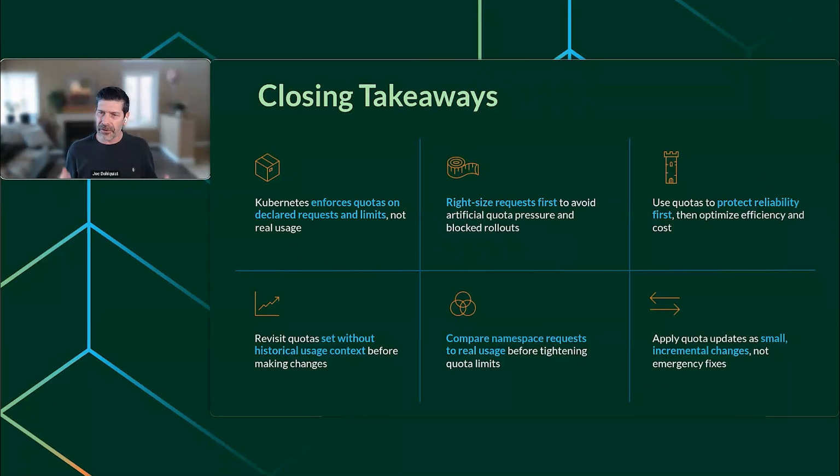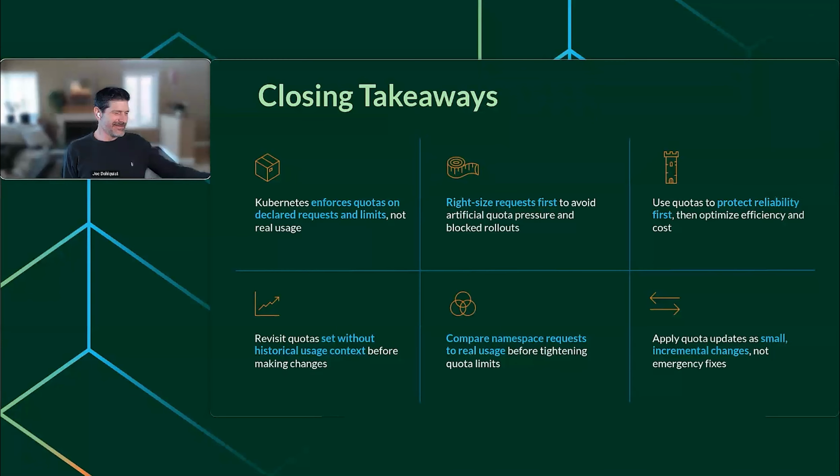And then use those quotas to kind of protect reliability first, right? This can absolutely be used to prevent that noisy neighbor impact, to ensure that you've got non-over-provisioned resources that can have a detrimental effect on performance and reliability as well. Then turn to optimizing efficiency and cost.